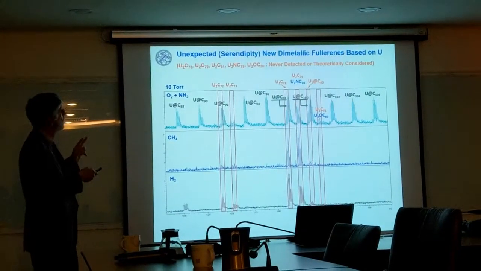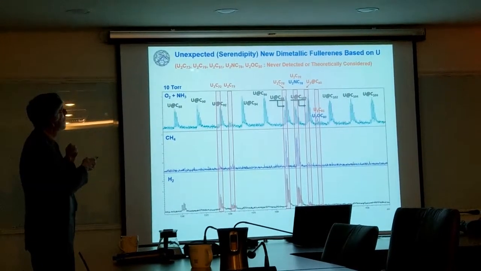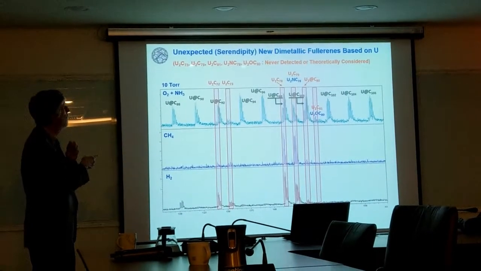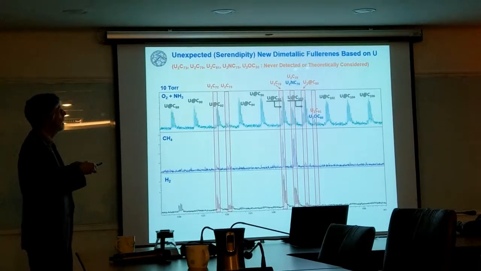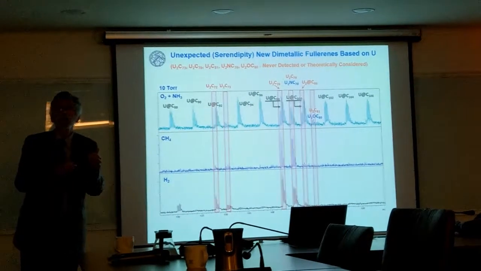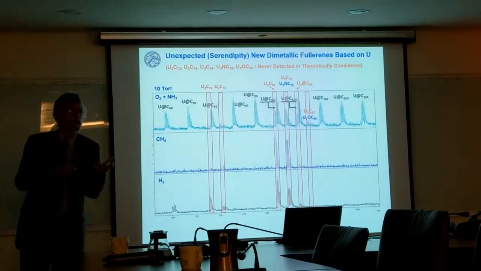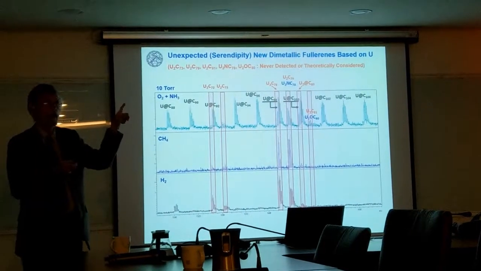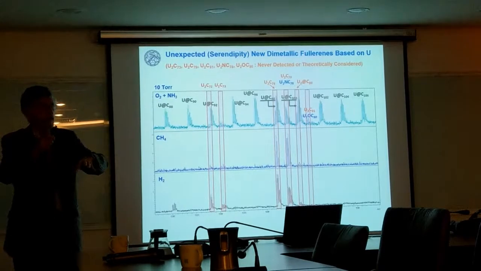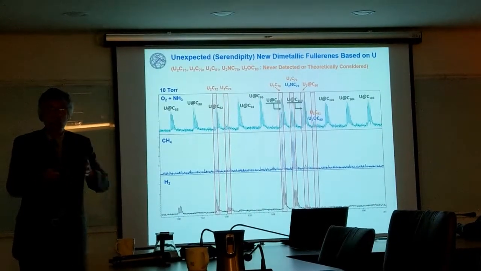These compounds that we're detecting have never been detected before and have not been theoretically considered. For the obvious reason, theory people follow experiments. You tell them, hey, look at what I have, and then they go, and they calculate, that's the way it normally goes, right?